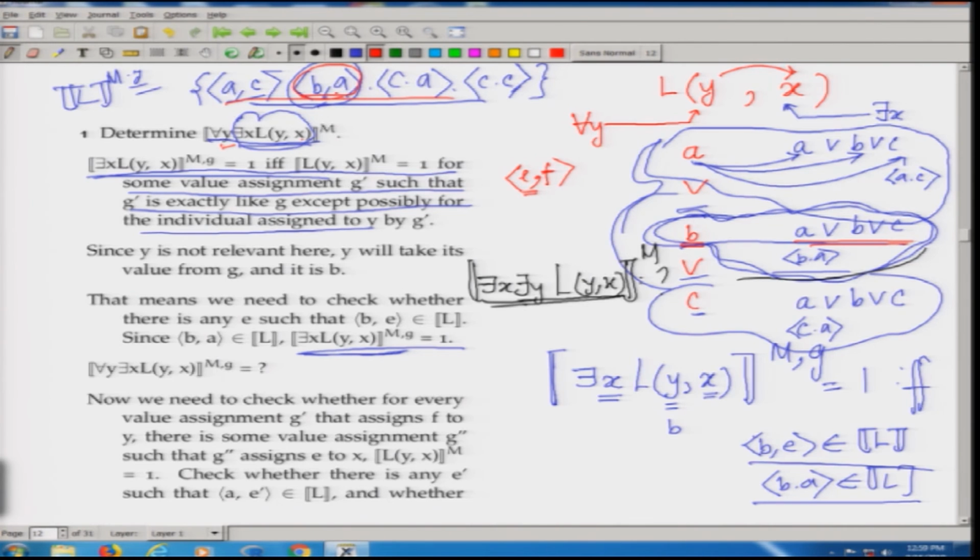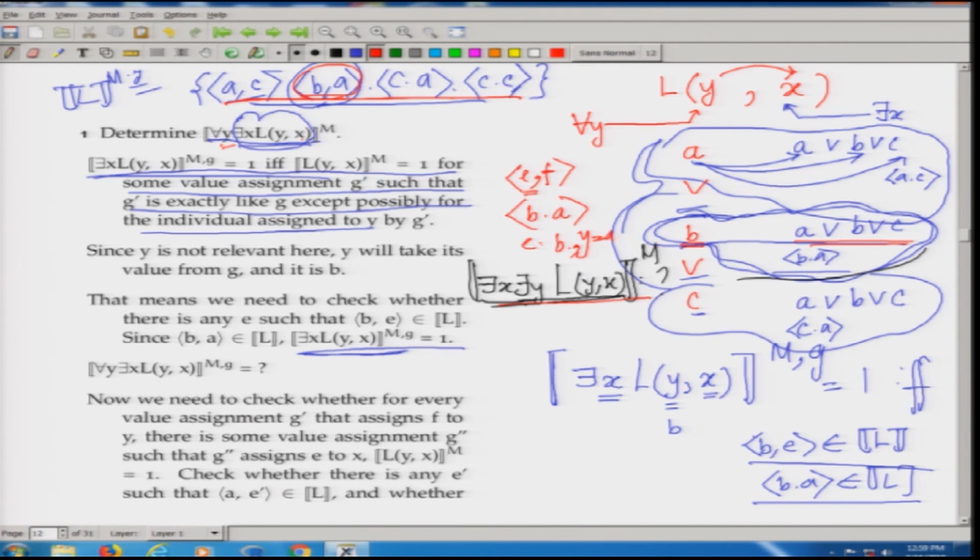You have actually checked the truth value of this just by checking one part of it, because automatically Y gets B, and then you know that BA is part of it. So if E is B and Y is A, then EB actually belongs to L, or to the denotation of L. So just by checking here, in this case at least one part, you have checked the entire thing.